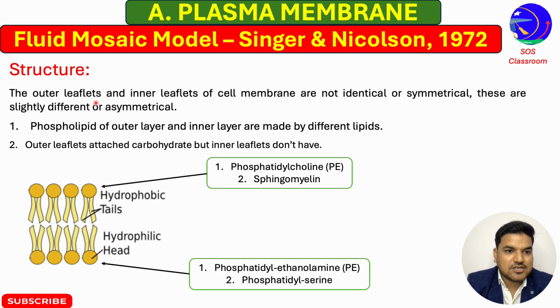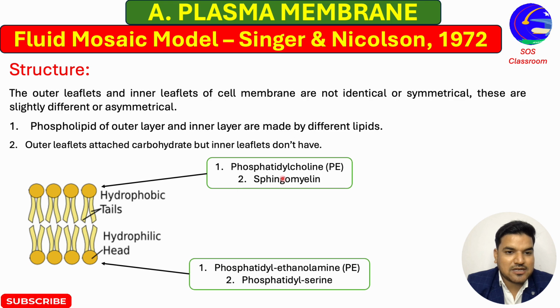In this structure, the outer leaflet and inner leaflet of the cell membrane are not identical. Means the outer leaflet and the inner leaflet of the phospholipid layer are not identical or symmetrical. They are slightly different, or asymmetrical. The outer leaflet is made by two different phospholipid molecules and the inner leaflet is made by two different phospholipid molecules.